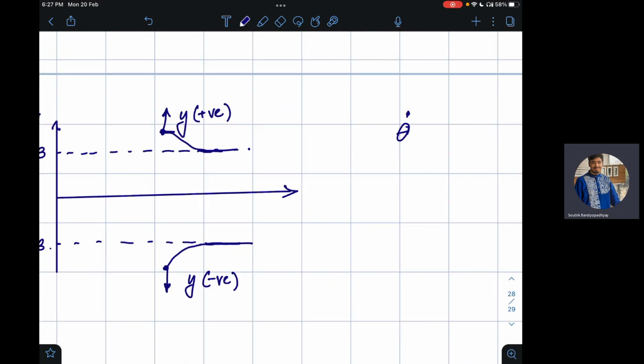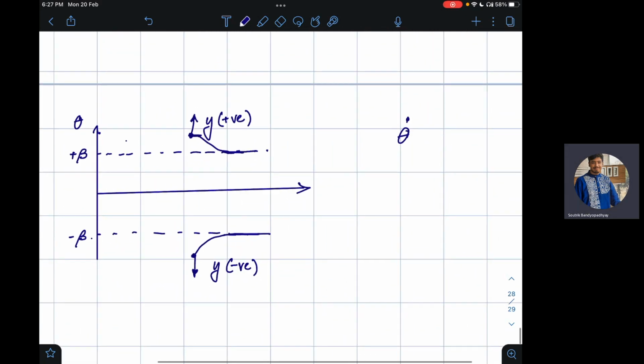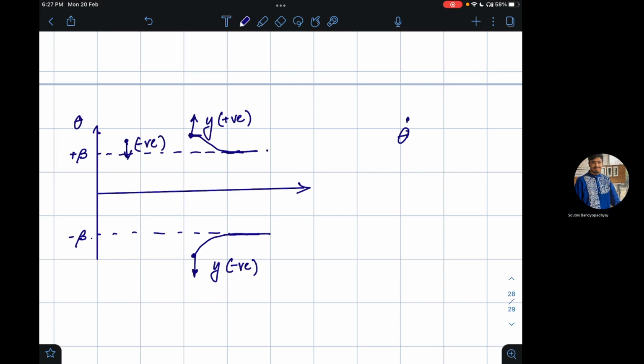But suppose theta was positive over here, but y is negative, then we need not apply any intervention because the unconstrained y would manage to bring theta down to this bounded line. And similarly, the opposite is true over here: if theta is negative, then it would be going up here.